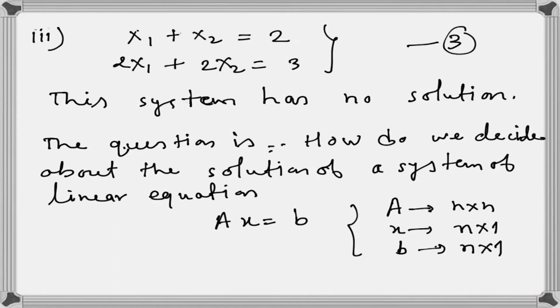So there are some conditions given in terms of the rank of a matrix that decide whether the system has a unique solution, infinitely many solutions, or no solution. Let's see what those conditions are.